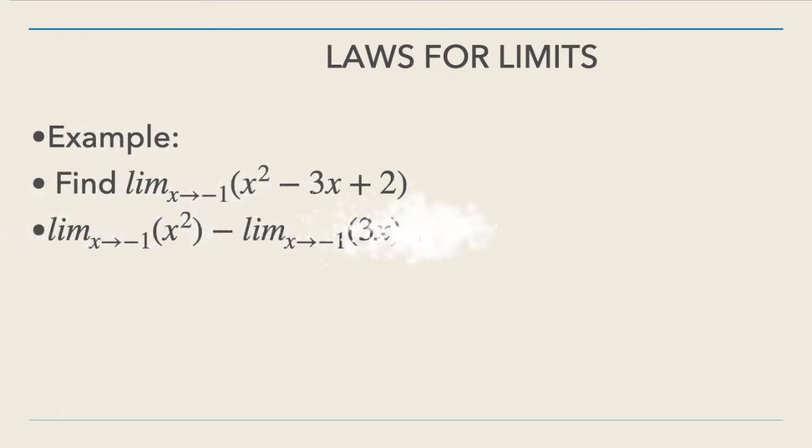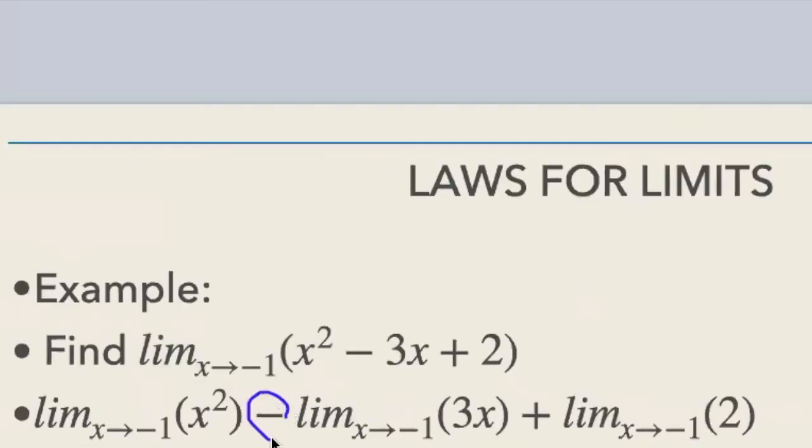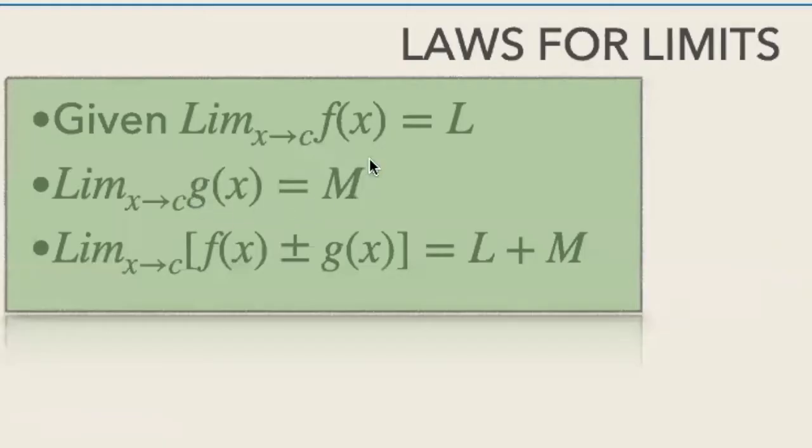So right here, we are going to find the limit of each of the terms. So we have the limit as x tends to -1 for x squared, the limit as x tends to -1 for 3x, and the limit as x tends to -1 for 2. Now, if you realize the signs, and if you can recall, when we have two functions, we just find the limit of each and add the result.